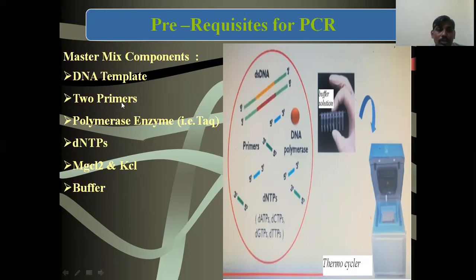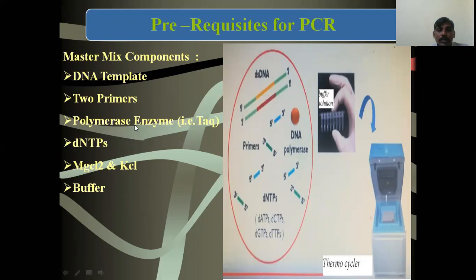And two primers are needed. One is the reverse primer, another one is the forward primer. The third one is the polymerase enzyme. Generally, in the PCR, we use Taq polymerase enzyme.